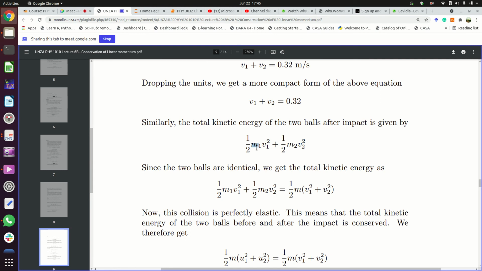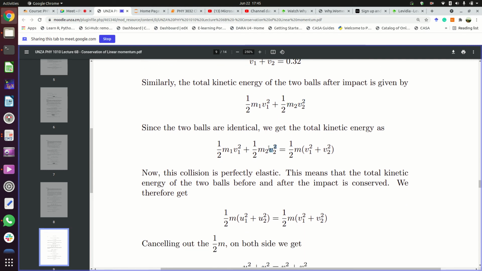And since the masses m1 and m2 are identical, we end up with a simplified version of this expression as half m times v1 squared plus v2 squared. So this is the total kinetic energy after the balls have collided.